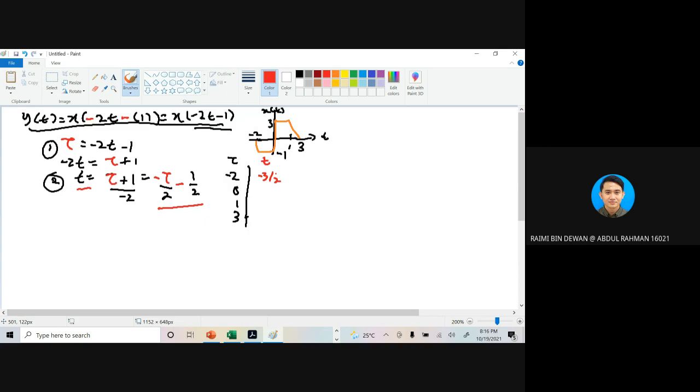The next one is 0, so 0 over 2 minus 1 over 2 is negative 1 over 2.